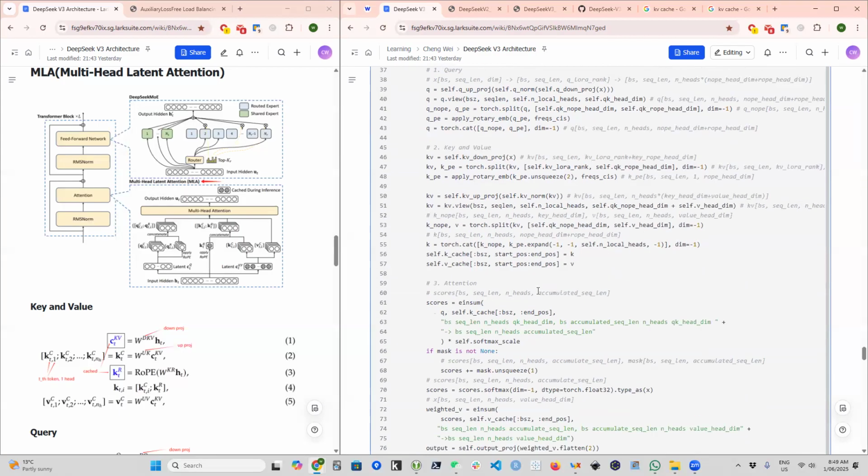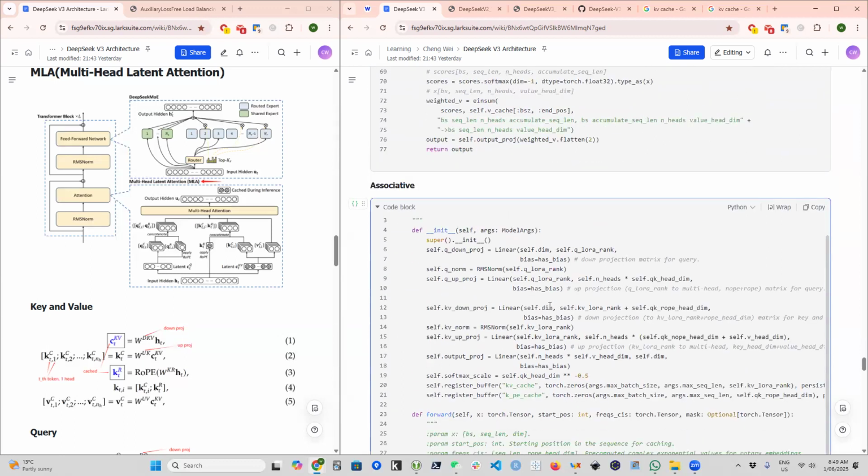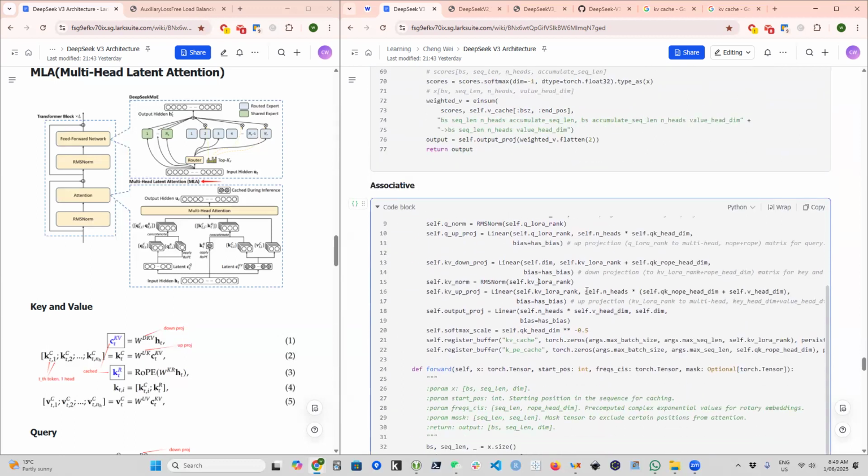But in DeepSeek, because we have latent representation, the compressed version, we can cache the compressed versions to save the storage, right? Yeah, that's the intention.